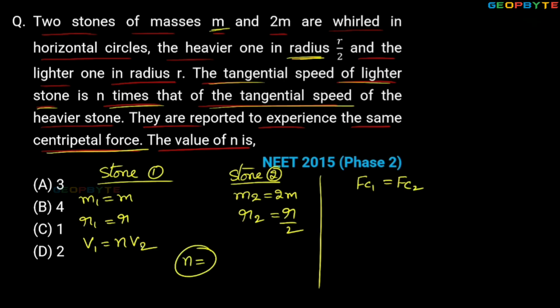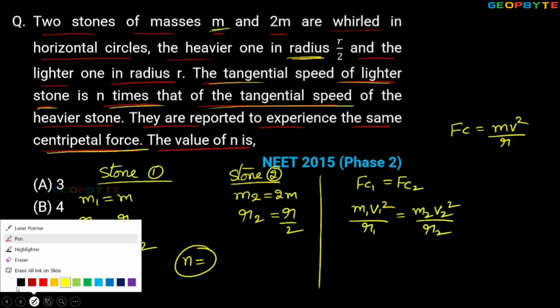Then what is the value of n? For that, as you know, centripetal force Fc equal to mv square by r. Then I can write m1 v1 square by r1 equal to m2 v2 square by r2.